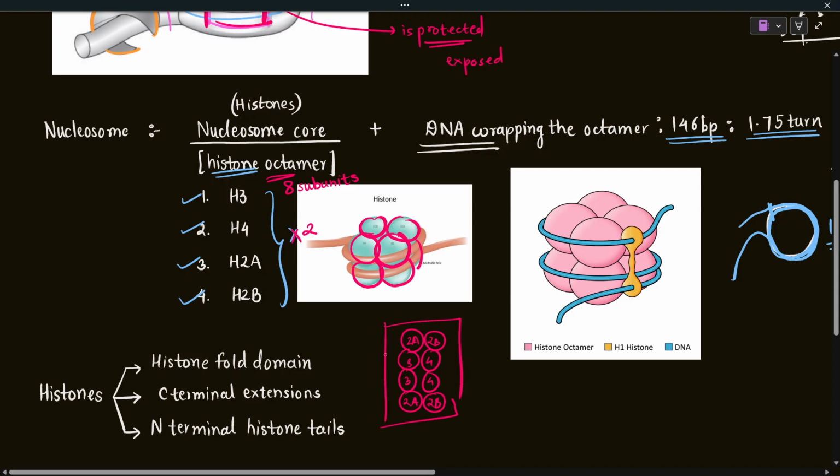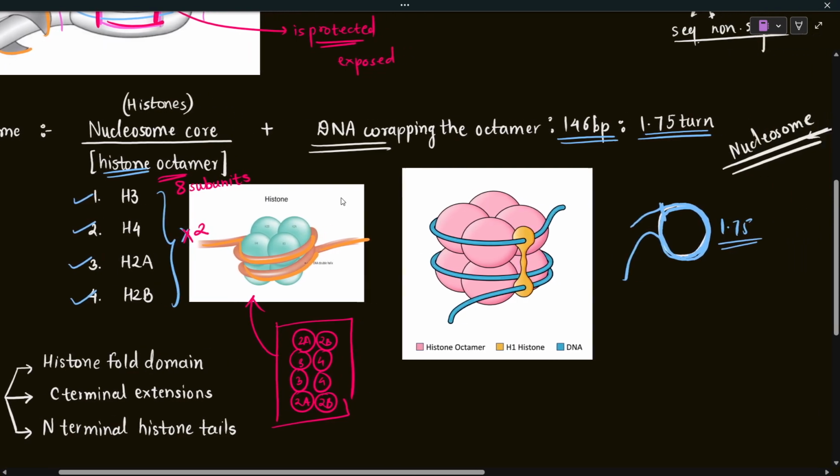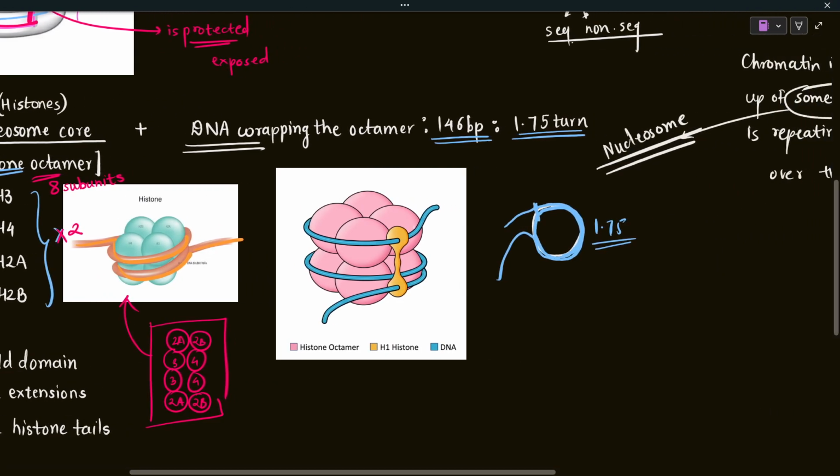So this is a 3D arrangement, and around it the DNA is wrapped. You can see the DNA is wrapped around the histone octamer. So this is the nucleosome, and it packs the DNA. But for efficient packing, there is one more histone known as H1 histone.